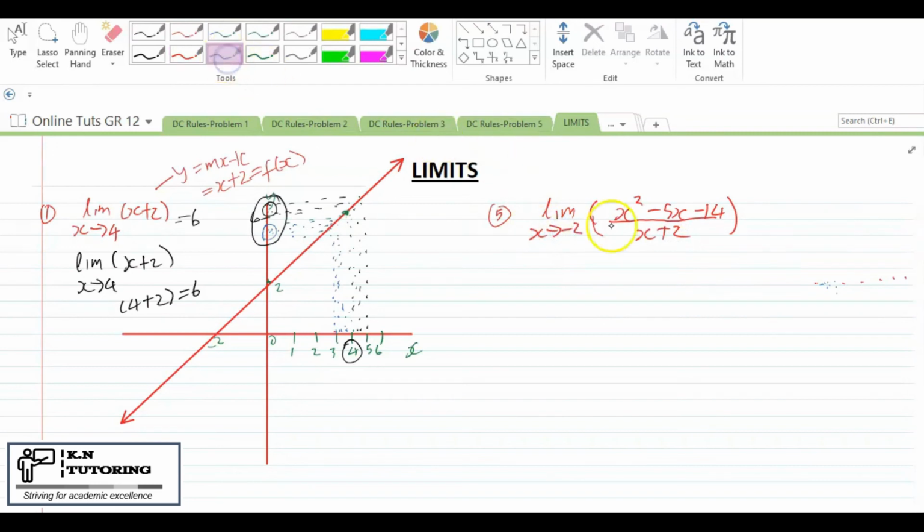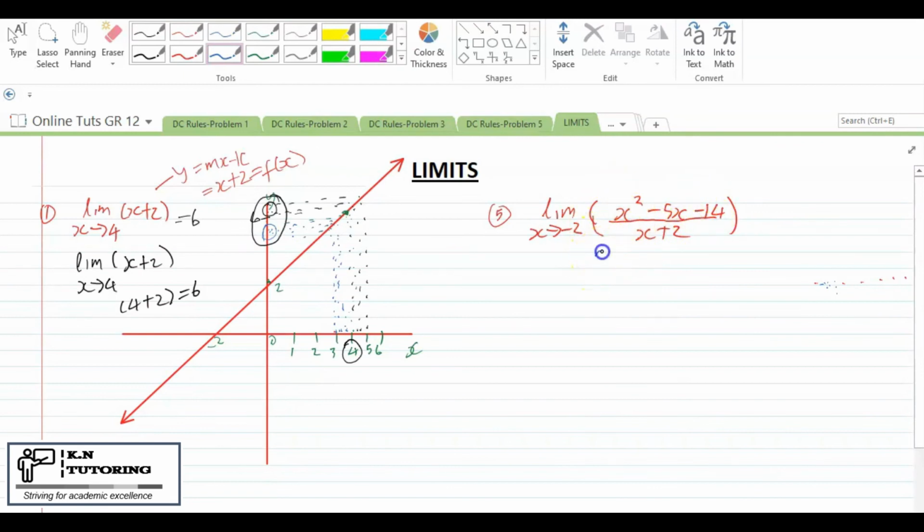Again, grade 12s, you can see that if I were to substitute x equals minus 2 directly, I will get negative 2 plus 2, which is 0, and the whole expression will be undefined. So I must find a way to simplify the top part.